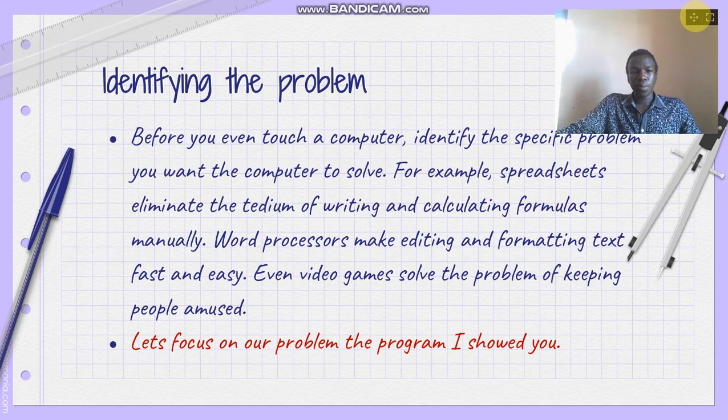Before you even touch a computer, identify the specific problem you want the computer to solve. For example, spreadsheets help you calculate, word processors help you in typing, and video games help you in enjoying yourself when you are playing. Here, let us focus on our problem, the program I showed you.